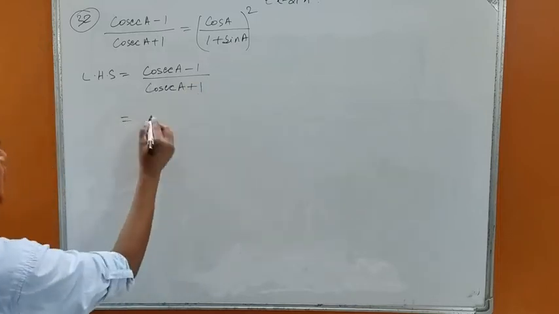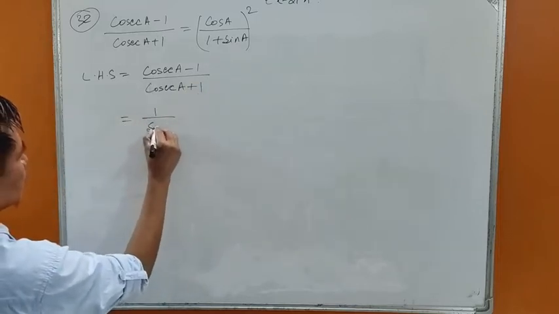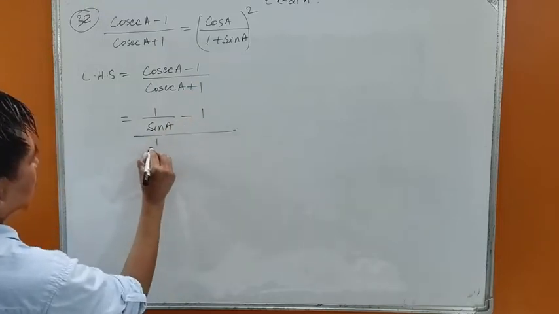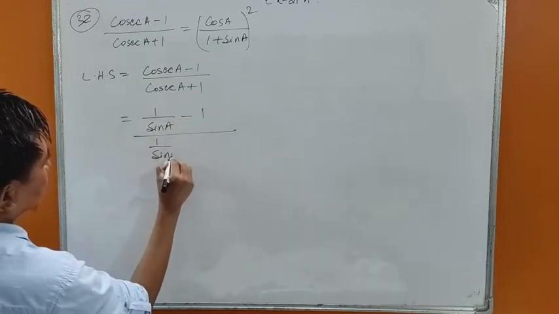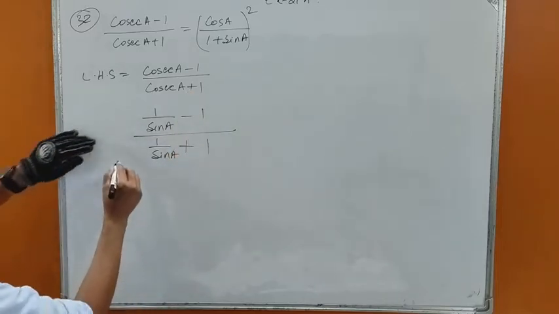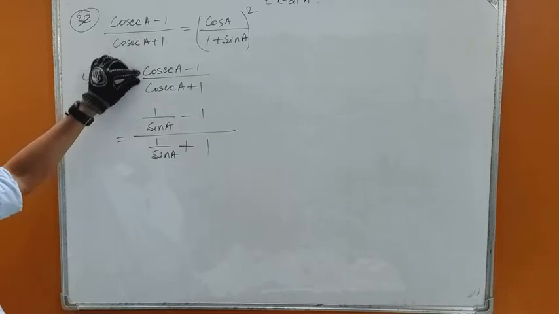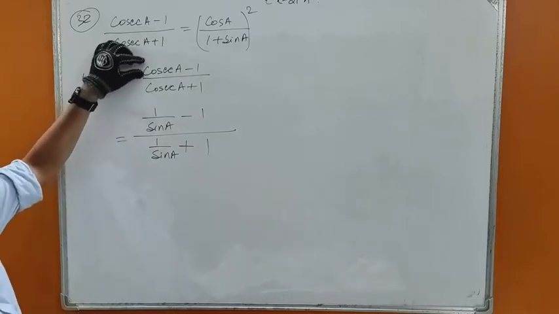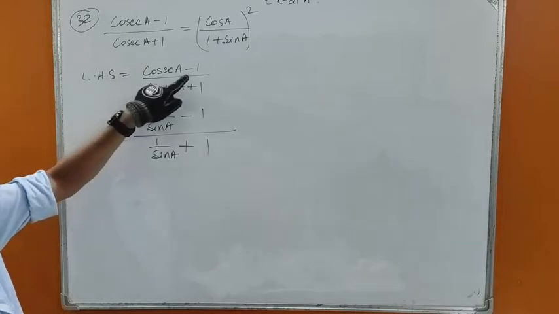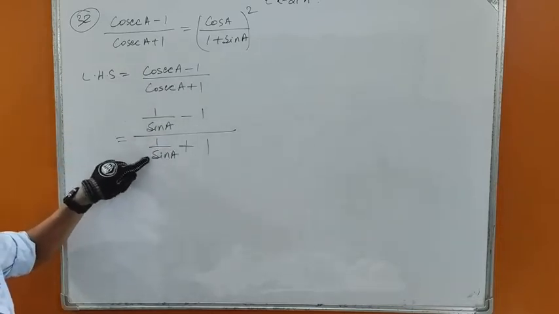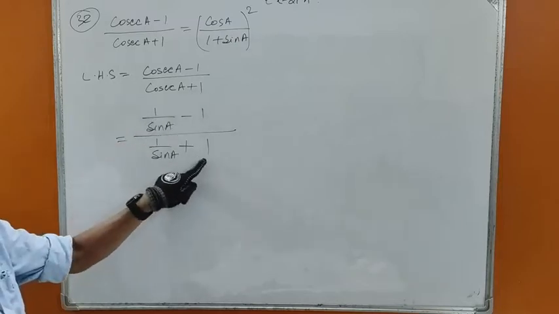So this can be written as 1 upon sin A minus 1 whole upon 1 upon sin A plus 1. So cosec A means 1 upon sin A, isn't it? Cosec and sin are reciprocal of each other. So cosec A means 1 upon sin A minus 1. Cosec A again 1 upon sin A plus 1. So this is plus 1.